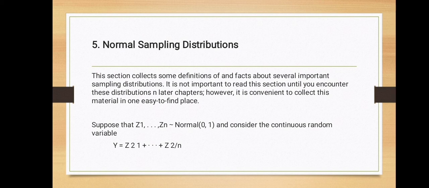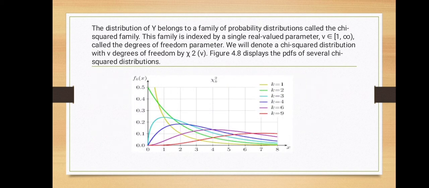Suppose that Z1 through Zn are normal (0, 1), and consider the continuous random variable y equals Z1² plus through plus Zn². The distribution of y belongs to a family of probability distributions called the chi-squared family.